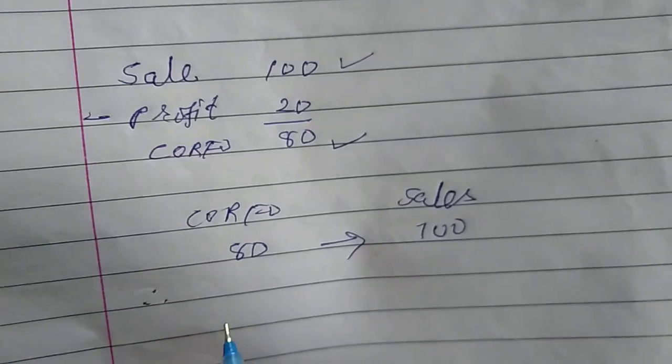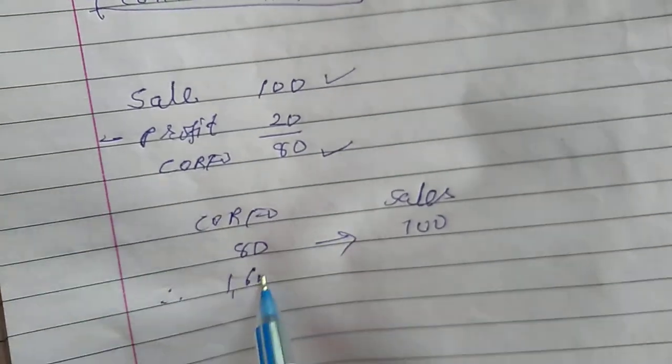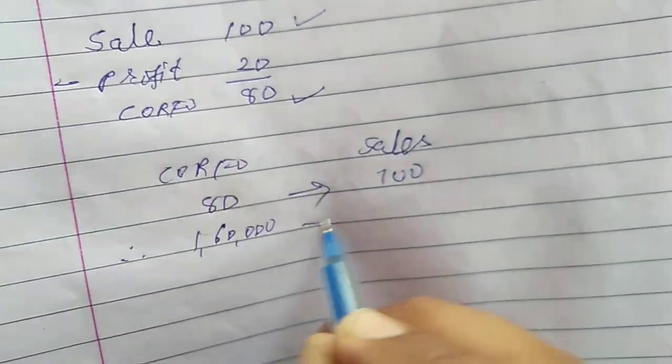So when the cost of revenue from operation is 80, sales is 100. Now the amount of cost is given as 1,60,000. Whenever cost is 80, at that time sales is 100. Now cost is 1,60,000, then how much sales is there? You know how to write it.